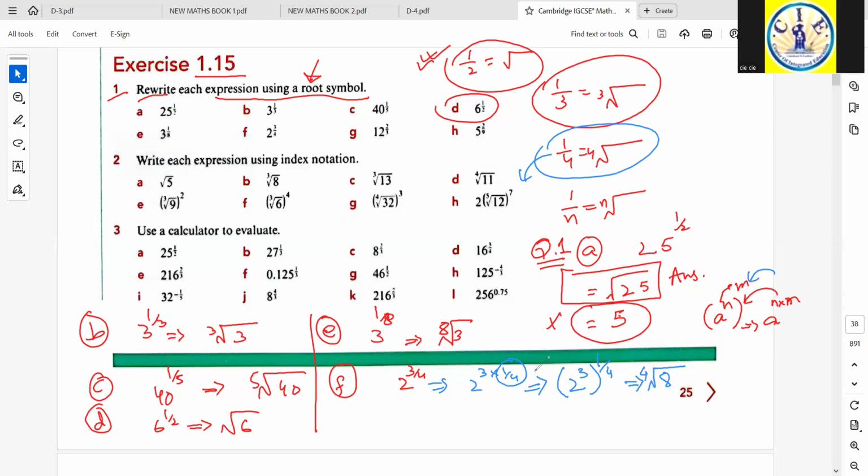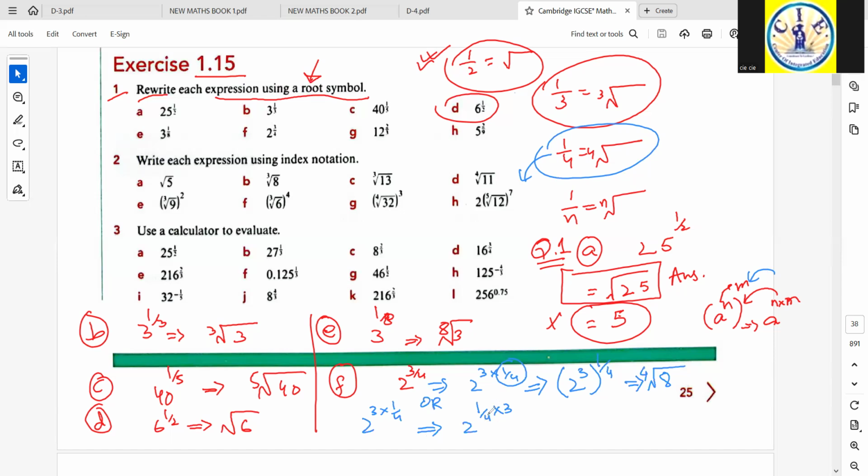It could also be done the other way around, like 2 raised to power 3 times 1 by 4. I can also change their order. I can write 2 raised to power 1 by 4 times 3.